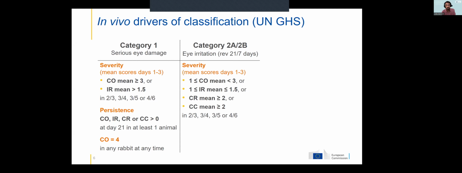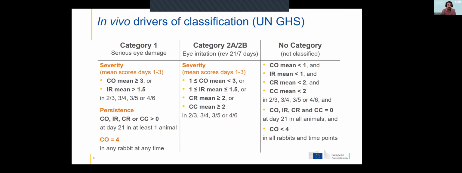And as I mentioned, depending on the reversibility of these effects on day 7, chemicals may be further divided into categories 2A and 2B. So chemicals are not classified if none of these 11 drivers described for category 1 and for category 2 are fulfilled.